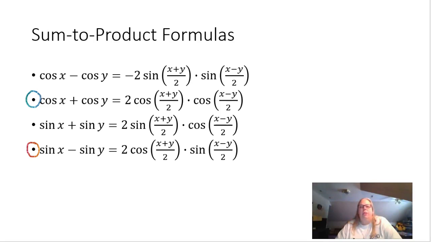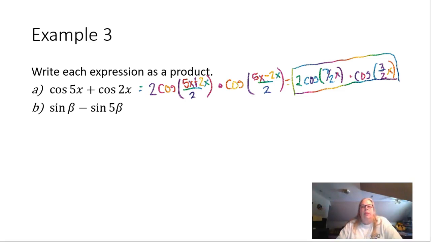Okay, 2 times the cosine of the sum times the sine of the difference. Let's apply that. We have 2 times the cosine of the sum times the sine of their difference.